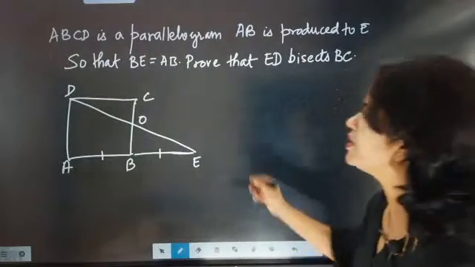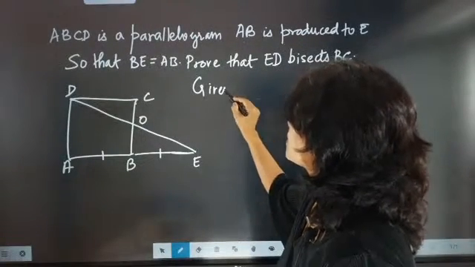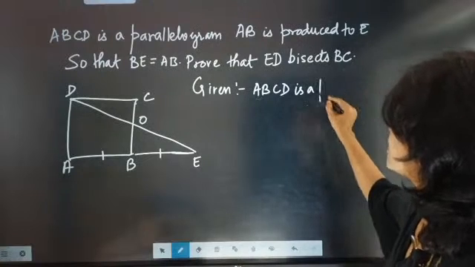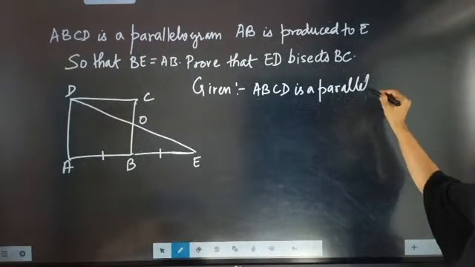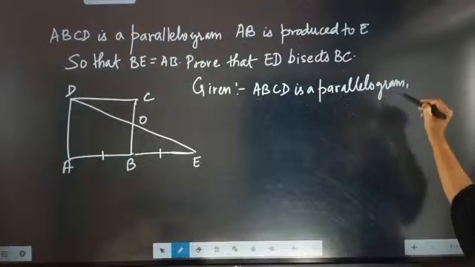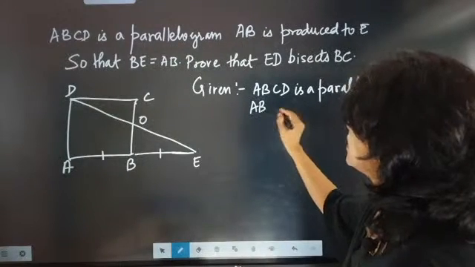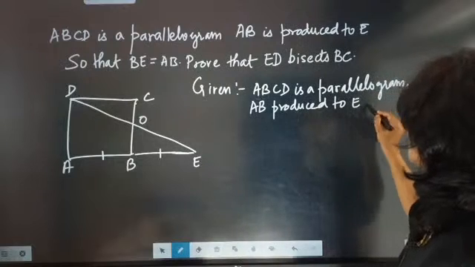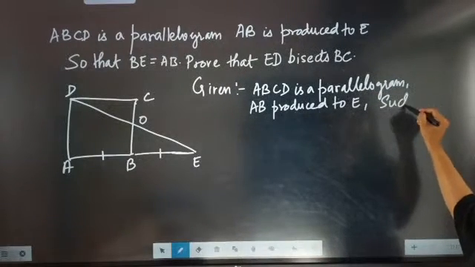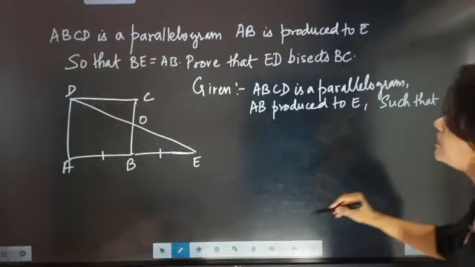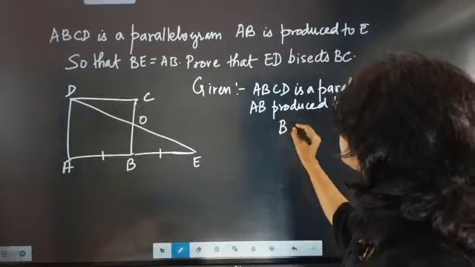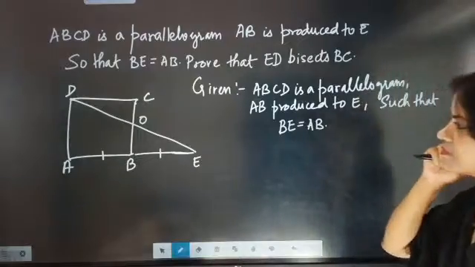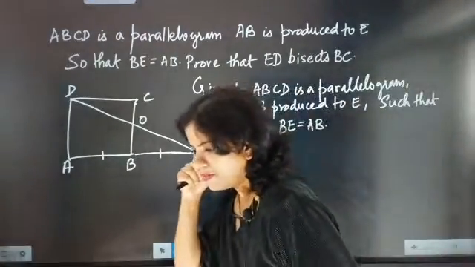What are we going to do here? Given section is what? ABCD is a parallelogram. AB is produced to E such that BE equal to AB.